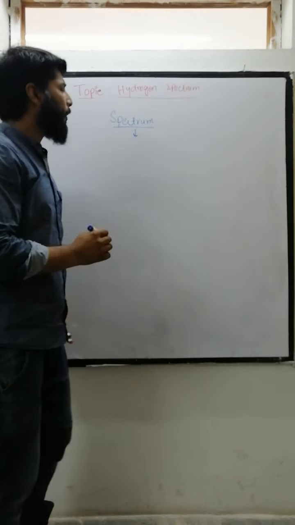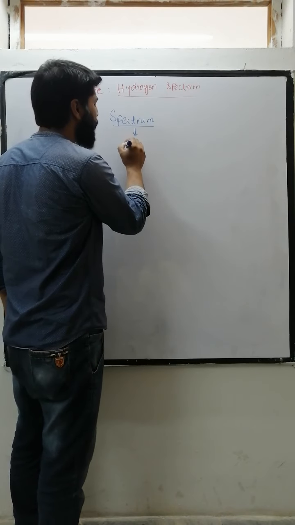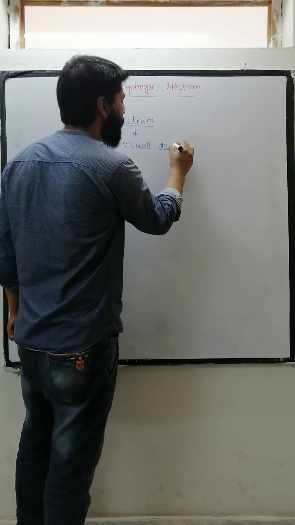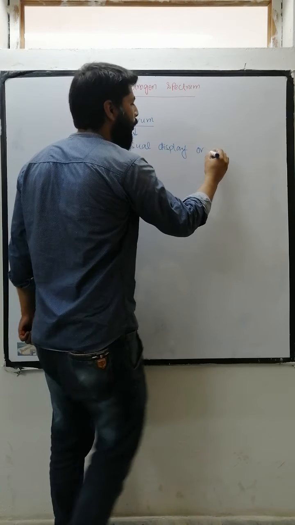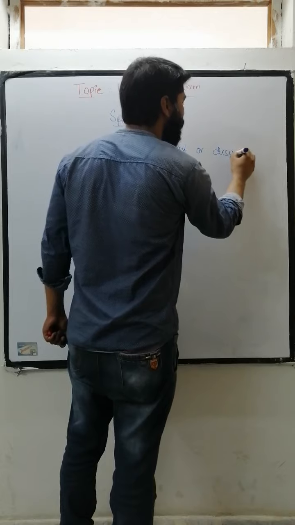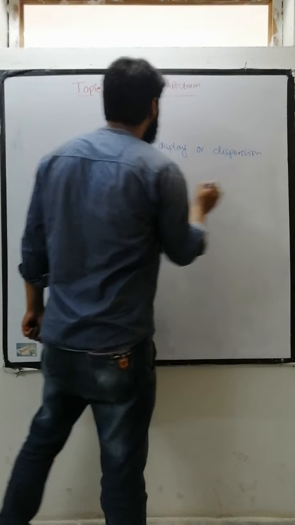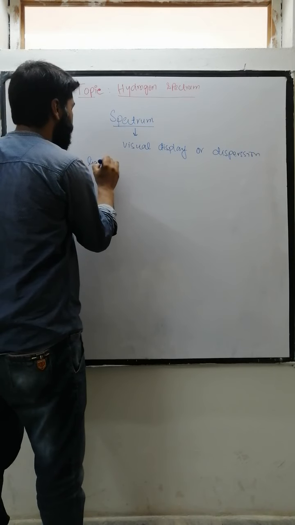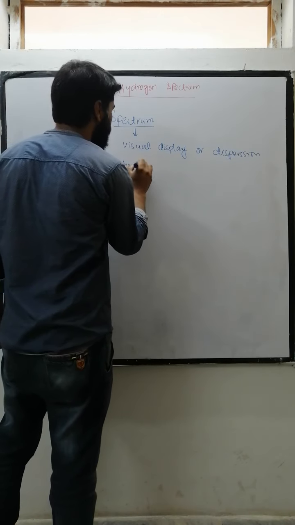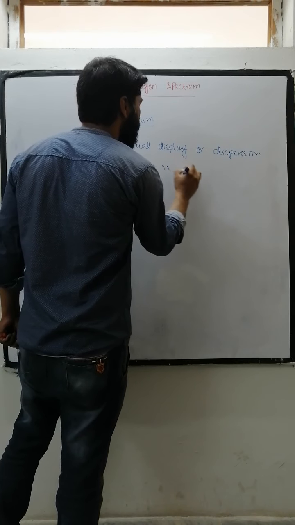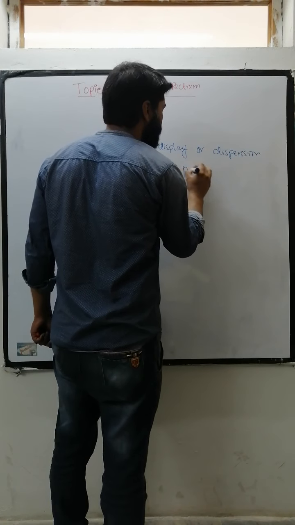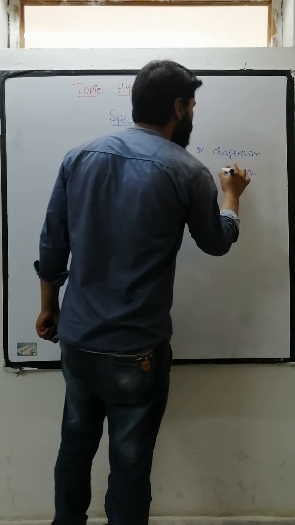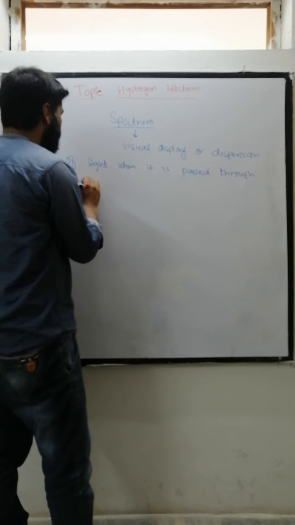Dear students, by definition, spectrum is a visual display or dispersion of light when it is passed through some scattering device.